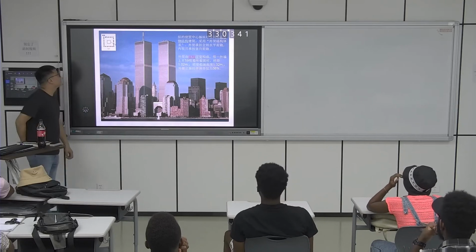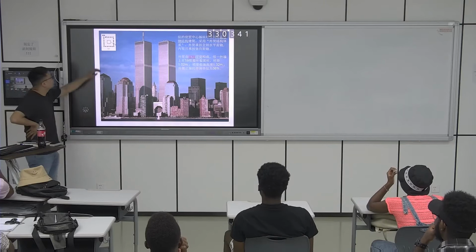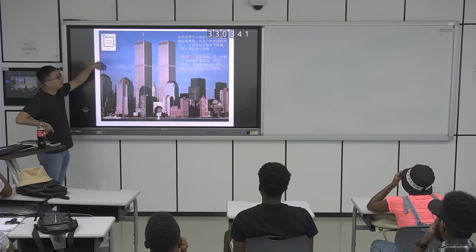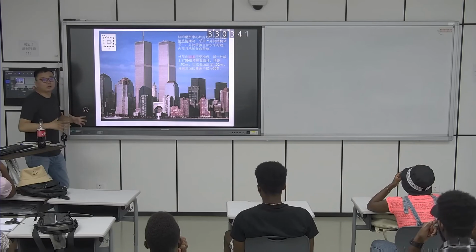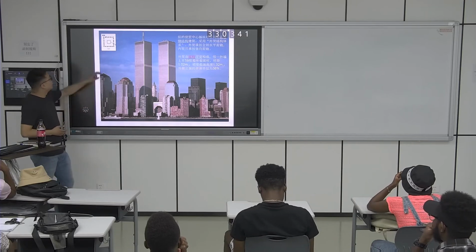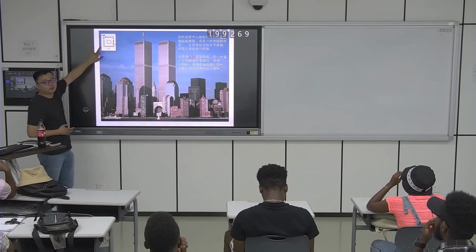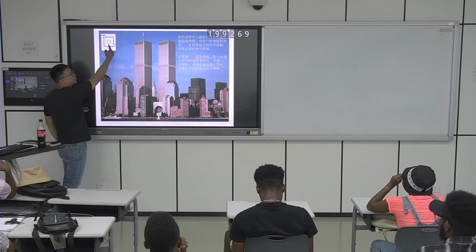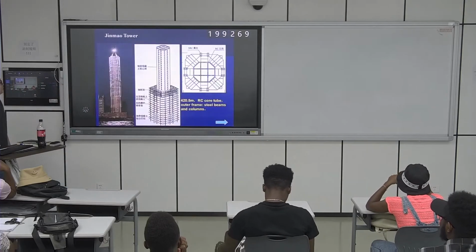How are the central buildings normally made? In this arrangement of the building, in the center there is a very big concrete part, and outside there is an arrangement of a lot of steel structure. Okay.